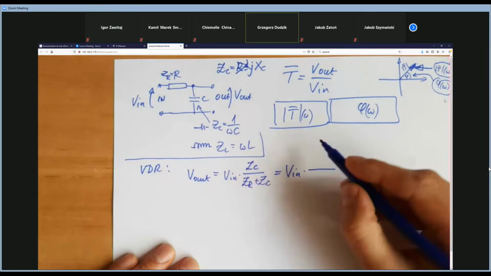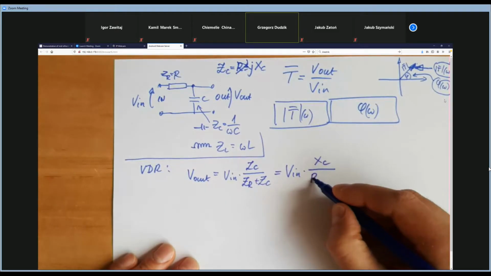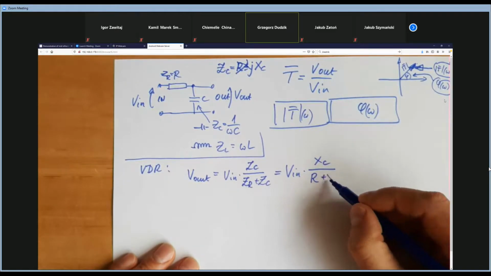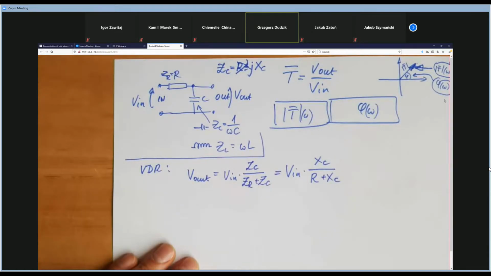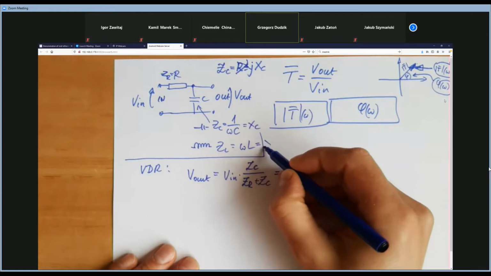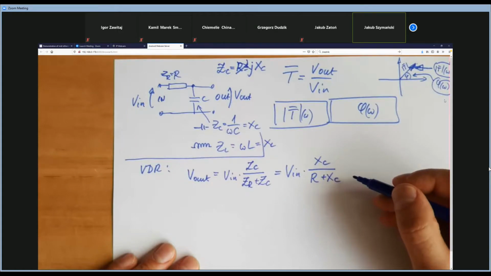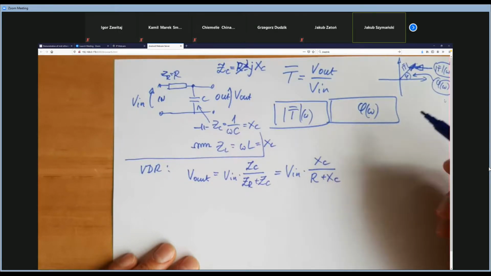In fact, for the capacitor, this is XC over the resistance plus XC. I'm sorry, we are not placing minus here because it wouldn't make sense in voltage. It is okay in general.